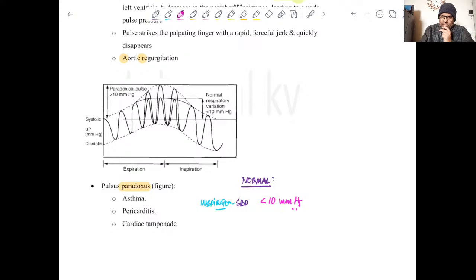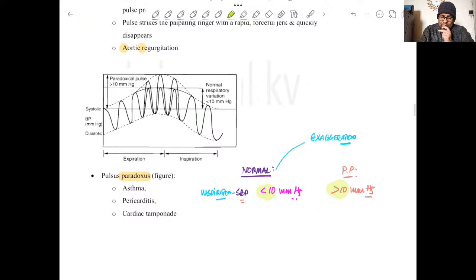But in pulsus paradoxus this is more than 10 millimeter of mercury. So an inspiratory fall in systolic blood pressure of more than 10 millimeter of mercury is pulsus paradoxus, and therefore it is just an exaggeration of the normal physiology. The thing which was supposed to be less than 10 has now become more than 10. Clear? So this is pulsus paradoxus.